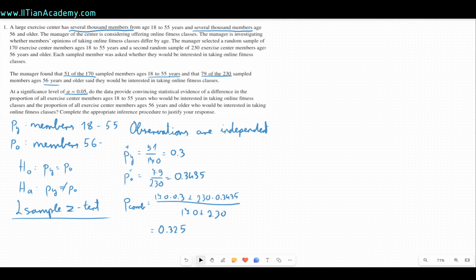And since our sample space is large enough, what we can assume is that these variables follow a normal distribution. As we've already discussed before, the sample size is large.